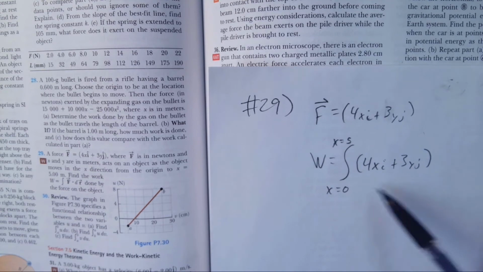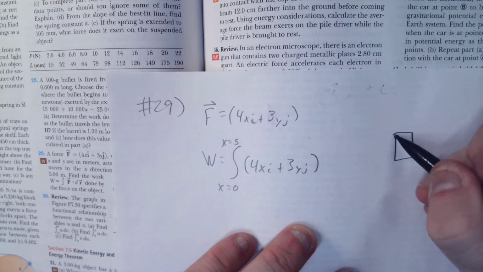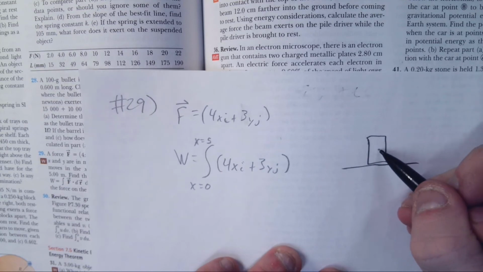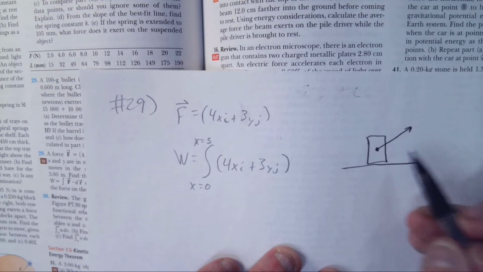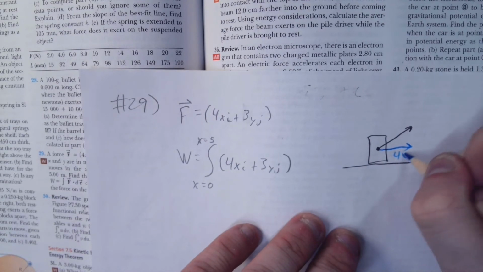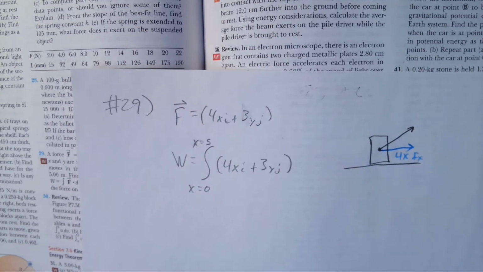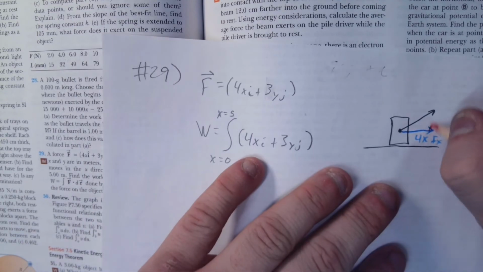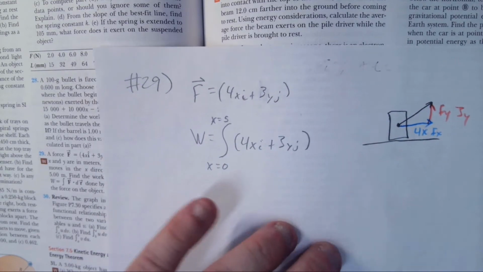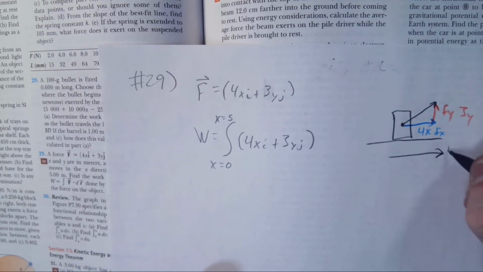One way to express this: if we drew this as a block, yes, we have other forces acting, that's true, but this is 4x, the x direction, the force Fx, and this is Fy, which is 3y, and the object is moving in the positive x direction.